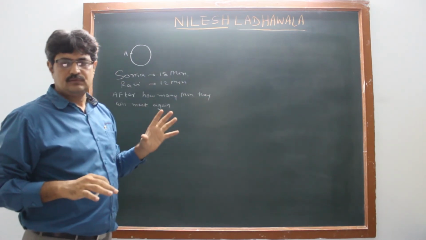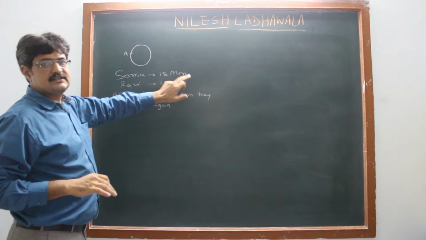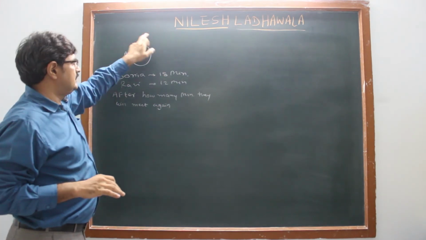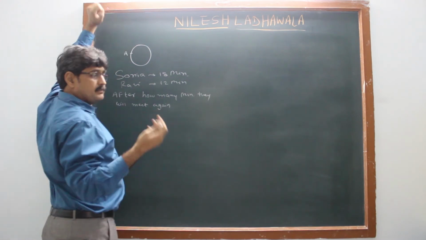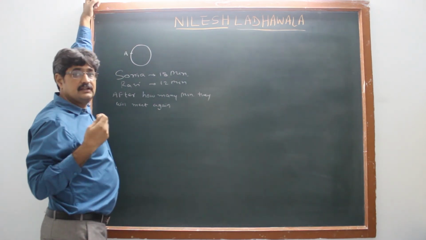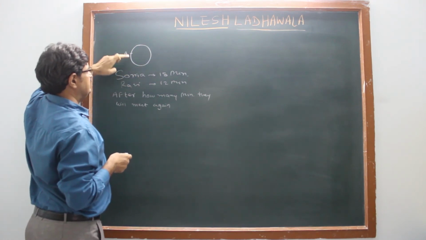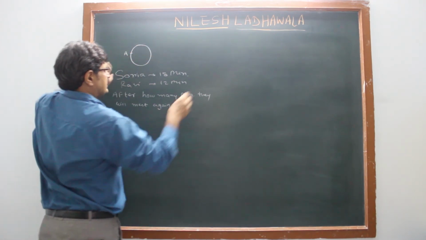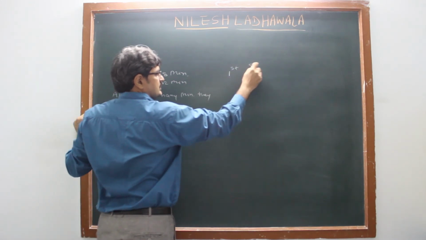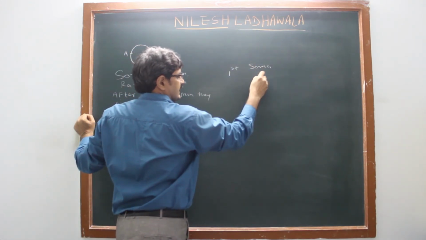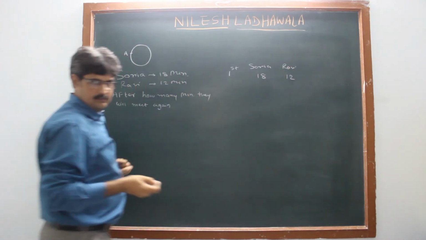We just have to think that Sonia takes 18 minutes to complete a round. Then how much time will she take to complete two rounds? First round 18 minutes, another round another 18 minutes. That is, for first round Sonia takes 18 minutes and Ravi takes 12 minutes.